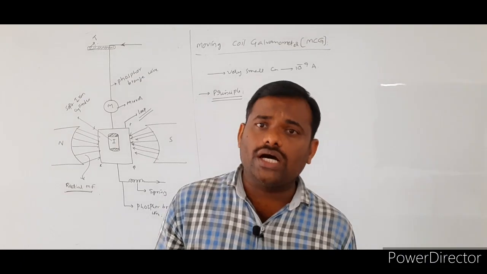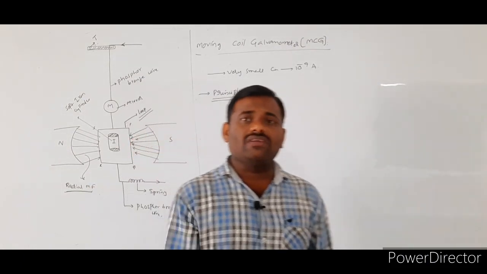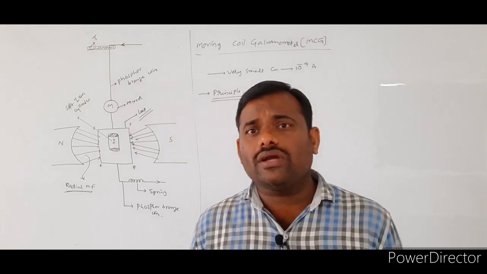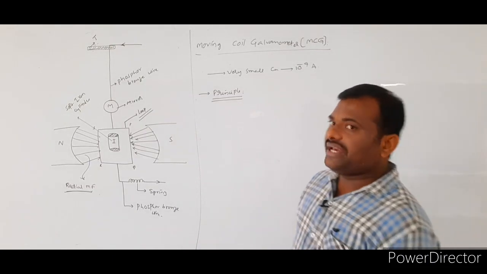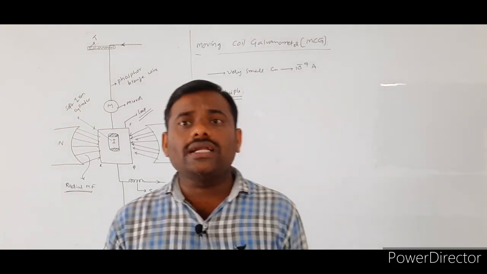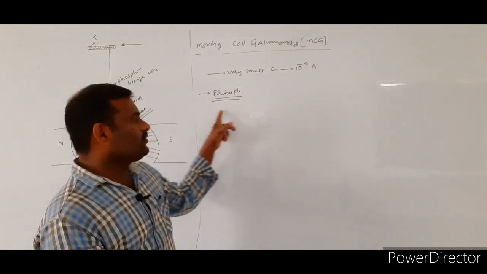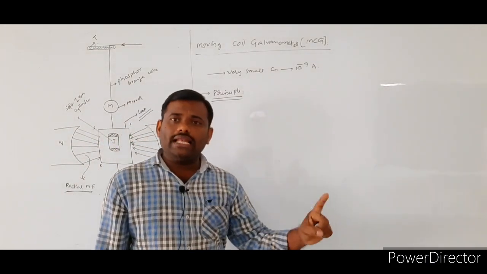So this is the principle of the moving coil galvanometer. Once again, whenever the coil is placed in the external magnetic field, some torque acts on it due to the magnetic field. This is the principle of the moving coil galvanometer.